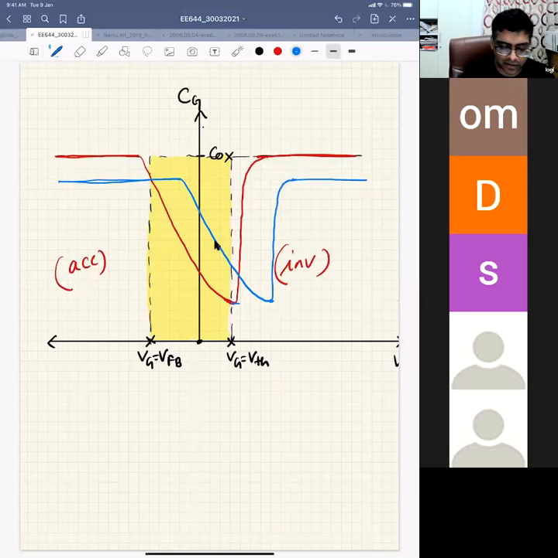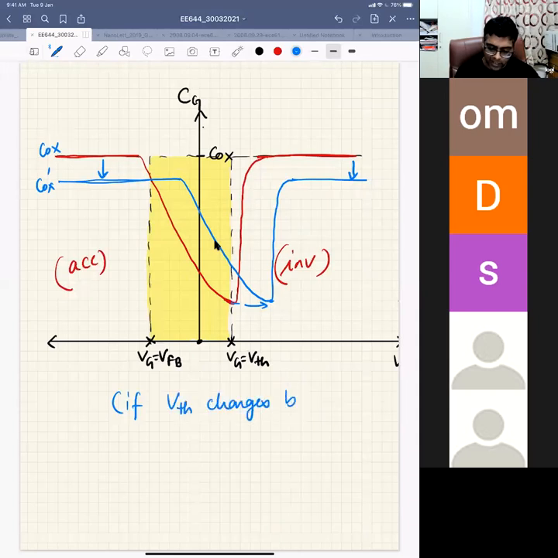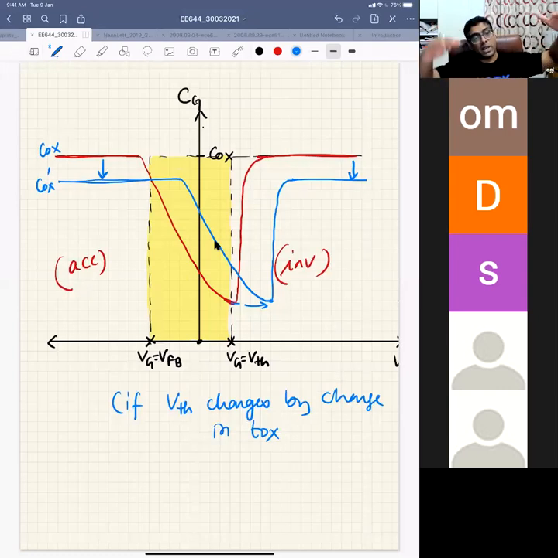So you'll have your Cox will also change here. This is the earlier Cox, then this is the new Cox. Your VTH will also change, right? So this is if your threshold voltage changes by change in Cox. Basically, VTH increases by increasing the oxide thickness, but your capacitance also reduces. Cox also reduces. So you'll see this kind of thing, right?